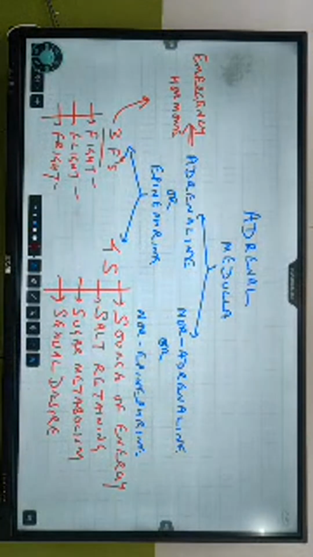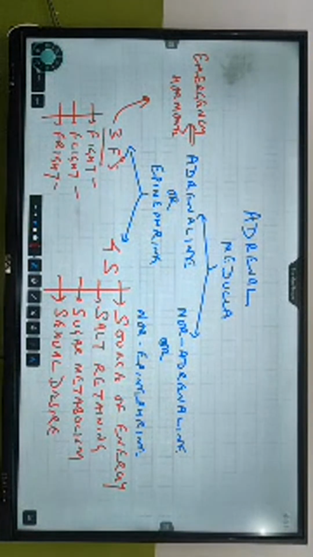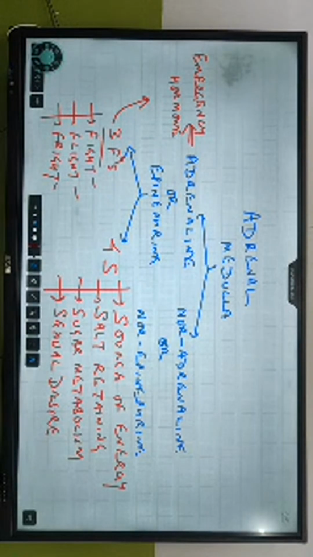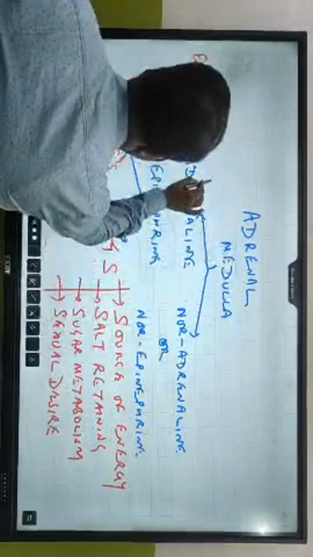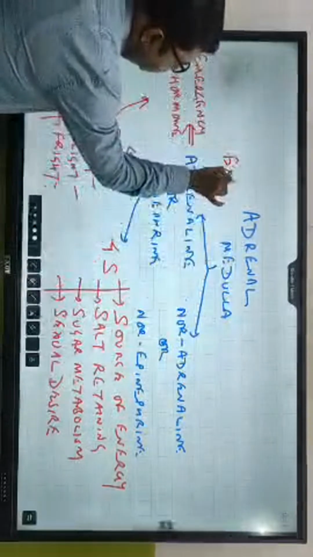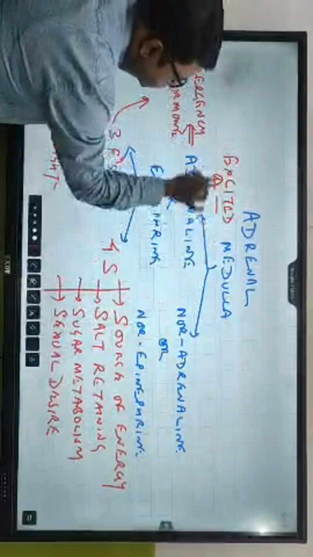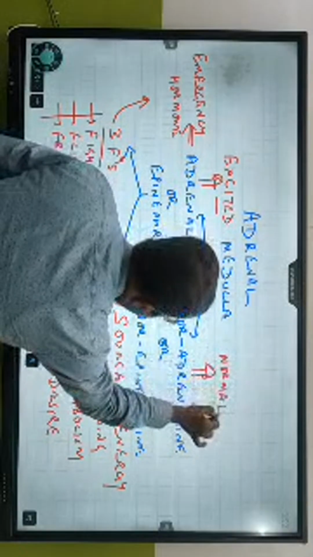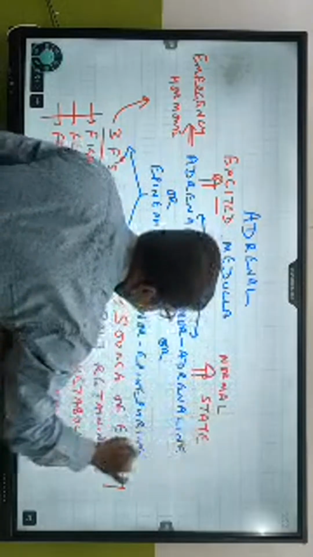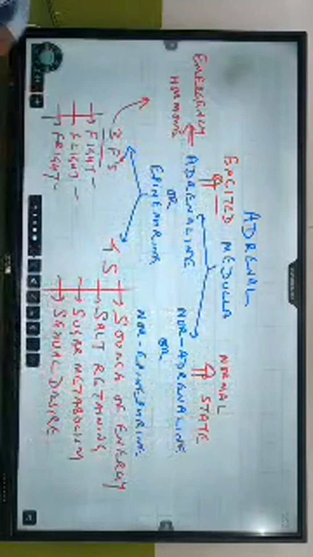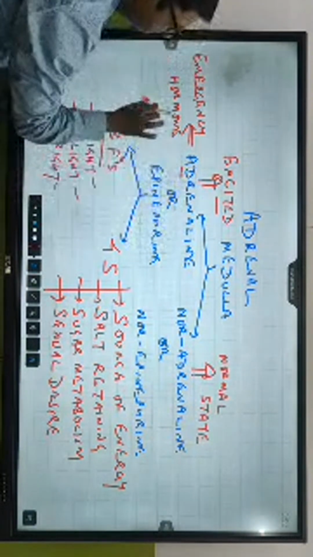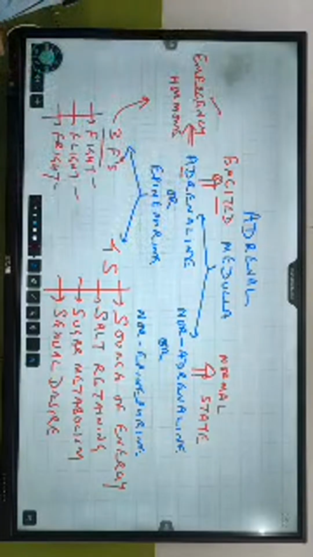Noradrenaline normally works in excited state, and adrenaline normally works in the normal state. That's it. There's all a difference. Clear? So let's get into this. It is about adrenal medulla. So adrenal medulla, it secretes adrenaline or noradrenaline. Adrenaline, they are called as emergency hormone.